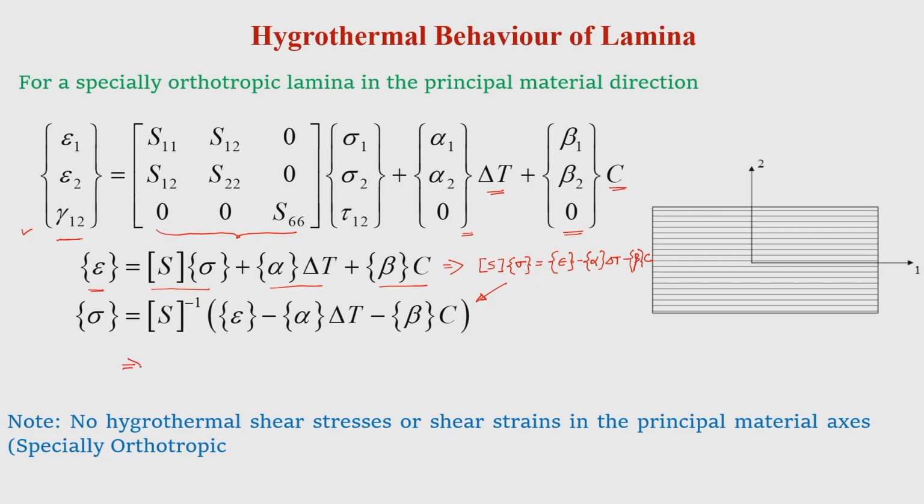This S inverse is nothing but Q, the reduced stiffness matrix. So, sigma is equal to Q into epsilon minus alpha delta T minus beta C. Again, note that there are no hygrothermal shear stresses or strains in the principal material axis, because it is specially orthotropic.